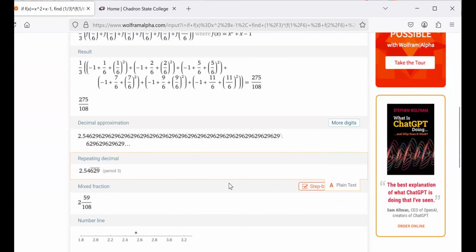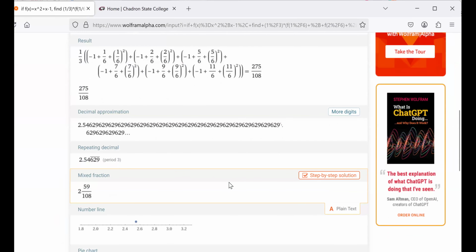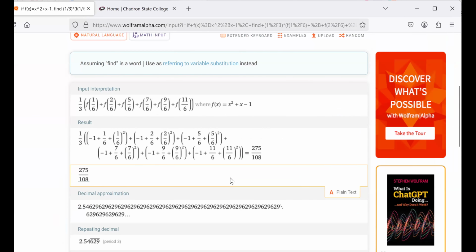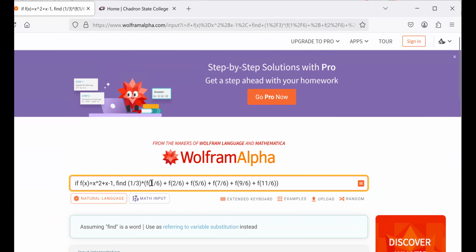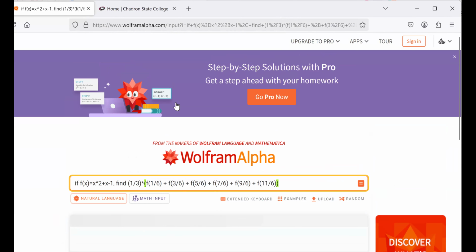Let's see, feel like something went a little wrong here. Is that second one supposed to be f of 3/6? It is supposed to be f of 3/6. Thanks for catching that.